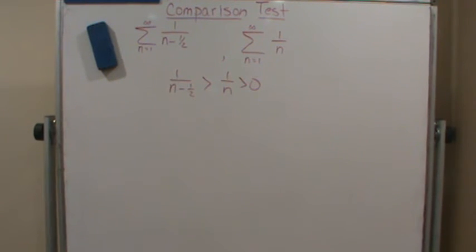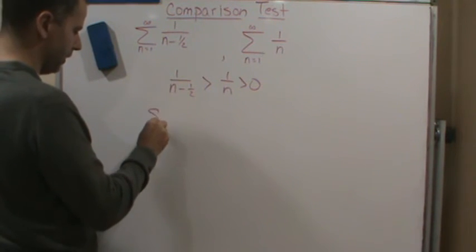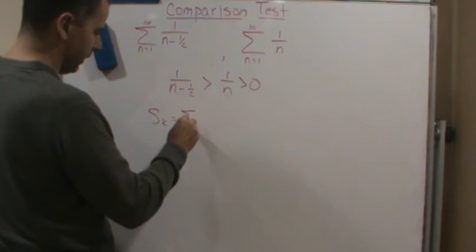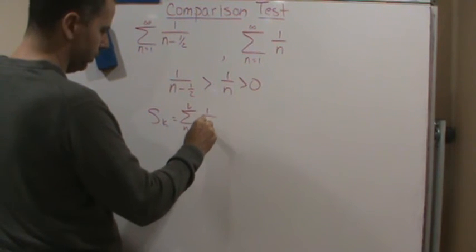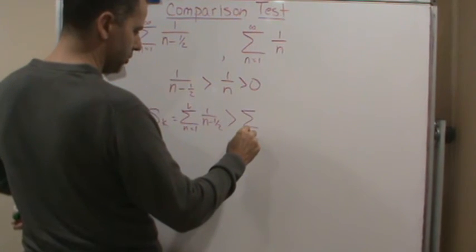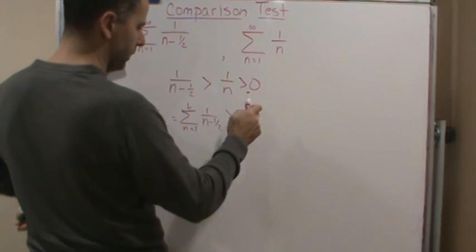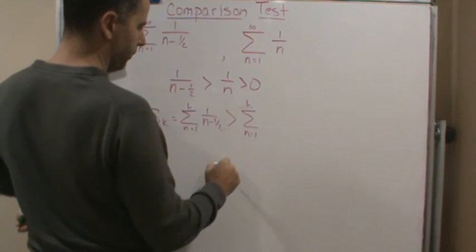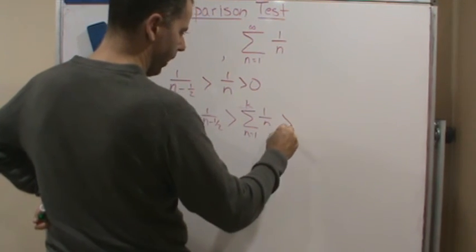Now again, if we look at the partial sums, since this is always true, for each of the partial sums, s of k, the sum from n equals 1 to k of 1 over n minus 1/2 is going to be greater than the summation for n equals 1 to k of 1 over n, which is going to be greater than what?